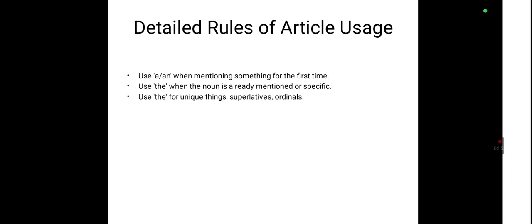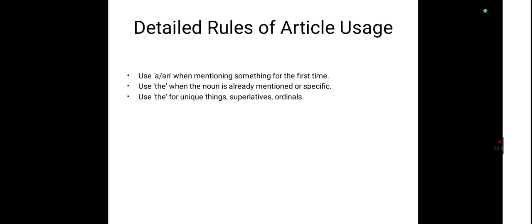And we can also use the before superlative forms. What are the superlative forms? Examples: the best, the tallest, the most beautiful, the toughest, like this.